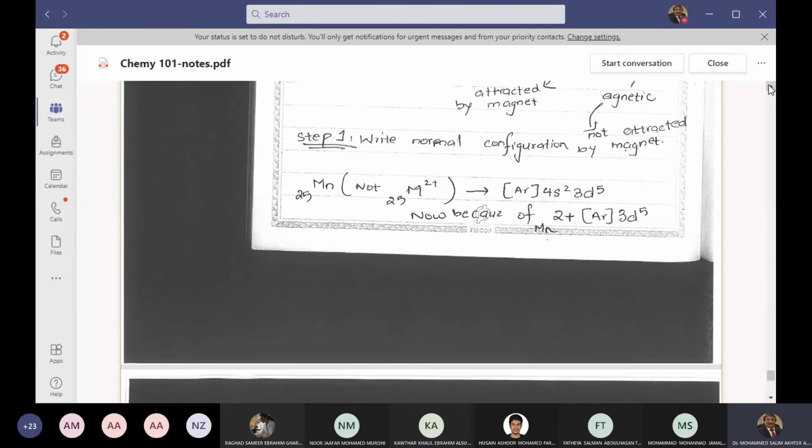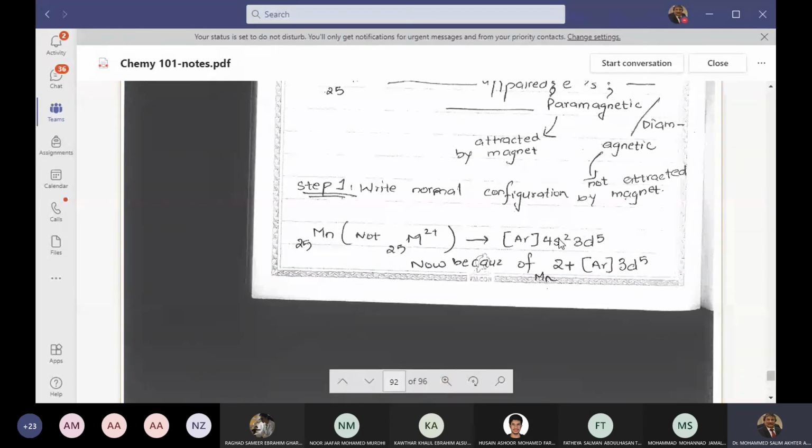Okay, this is my normal configuration. 4 plus means 2 from here and 2 from here. How many electrons remaining in d? 3. So how many unpaired electrons?